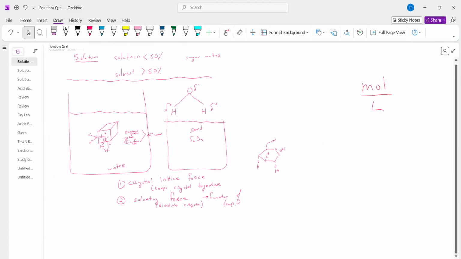On your test, guaranteed, you'll have this question. I'm going to ask you to describe how a table salt crystal dissolves in water and what are the factors affecting its dissolving. That has been on every test I've given on solutions for the last 22 years.